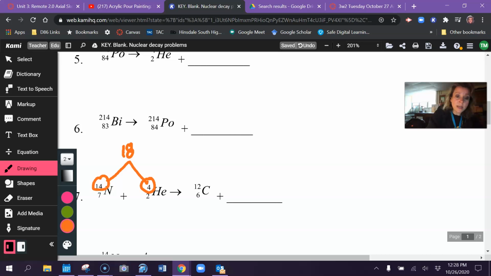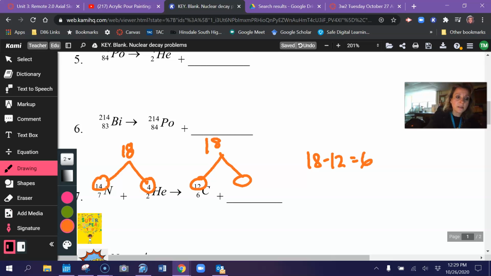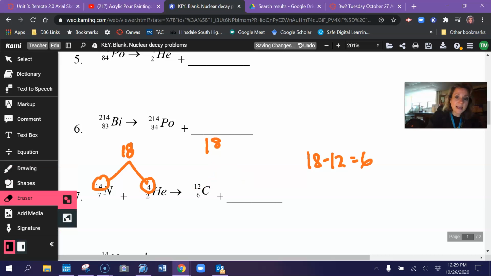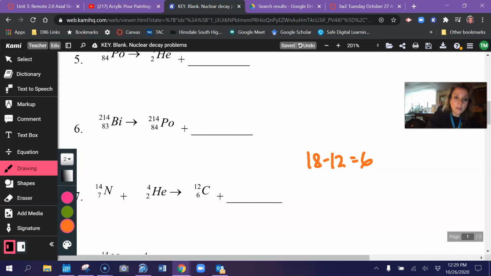So I already know that I have 12. 12 plus what number will also give me 18. The easiest way to figure that out is to subtract these 2 numbers. 18 minus 12 gives me 6. So that means that my mass number that's missing is a 6.